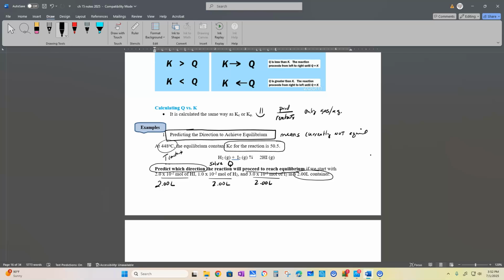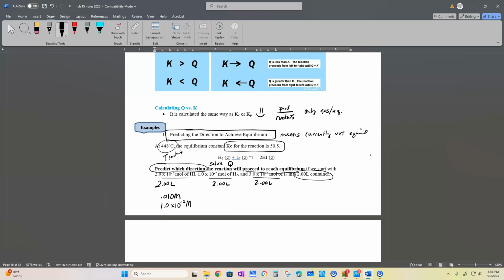So I'm going to take that 2.0 E negative 2 and divide by 2, and it looks like we're going to keep 2 sig figs. So I'm going to get right here 0.010 molarity. Now, if you want to put it in scientific notation, you can, 1.0, and because you move the decimal 2 places, E to the negative 2.